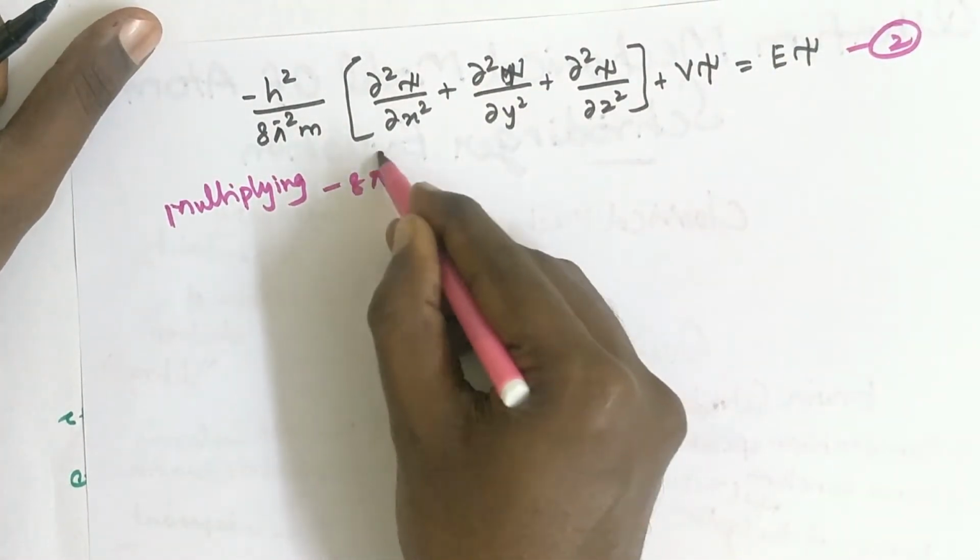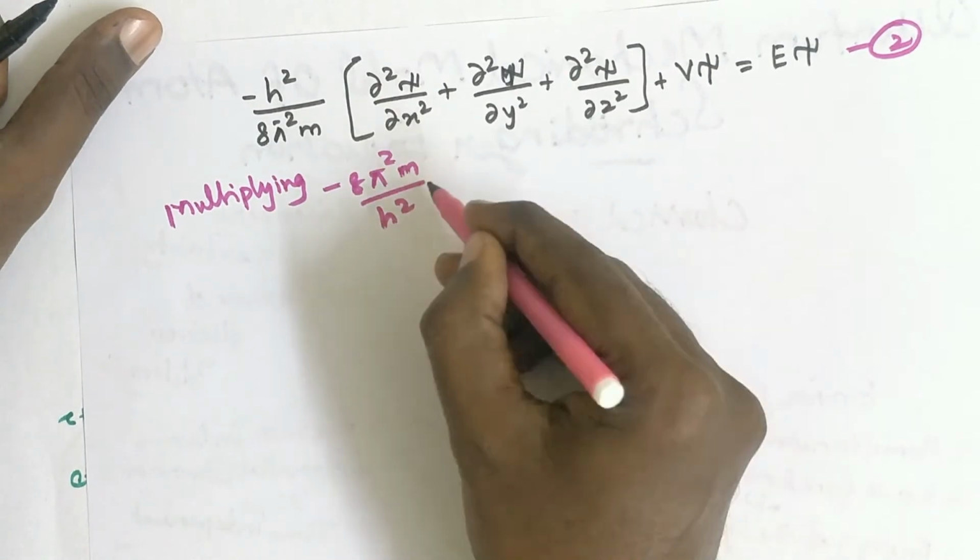The next step is multiplying equation 2 by minus 8 pi square m by h square.